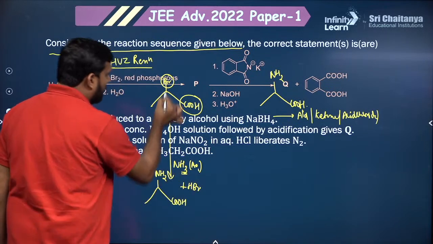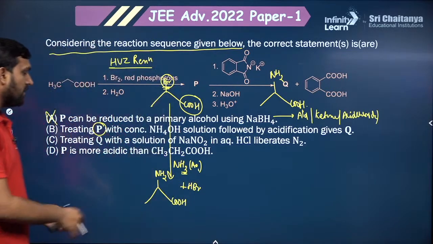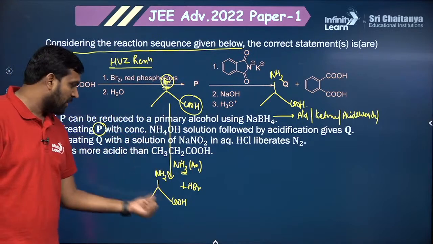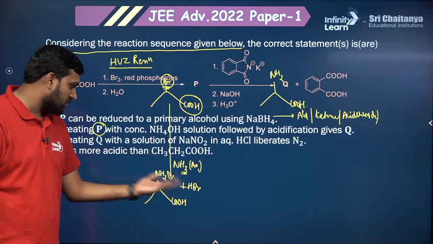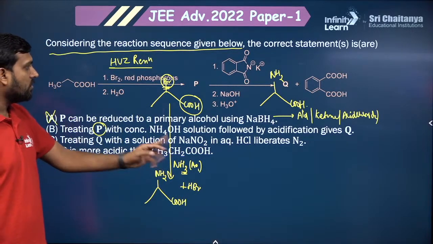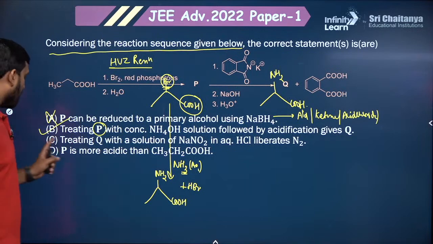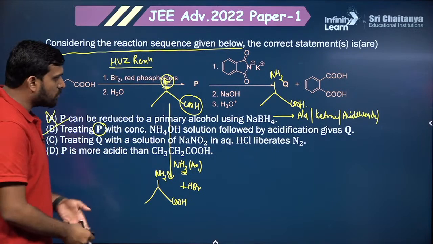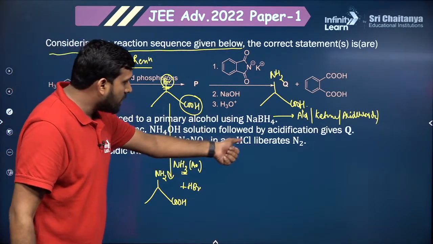So here one H and Br will be replaced. This is nothing new, it's just a substitution reaction. So this will be formed as a product. So yes, it is Q, right? So this is correct.